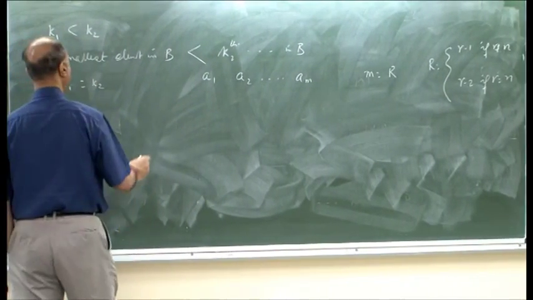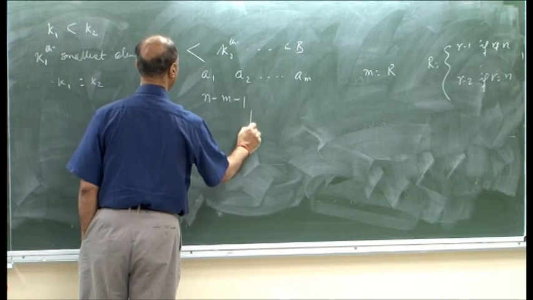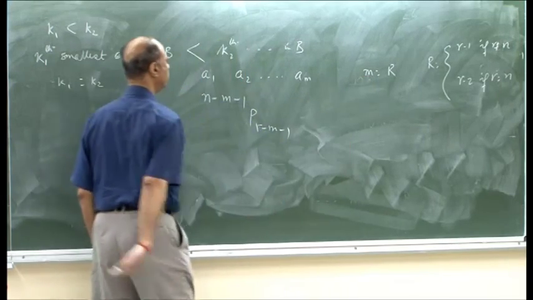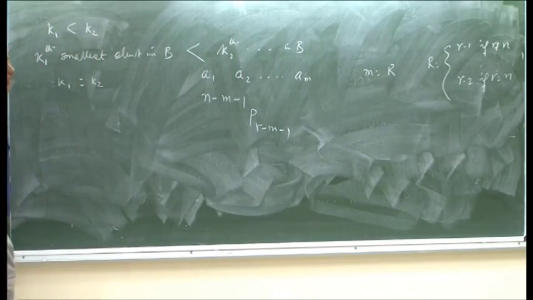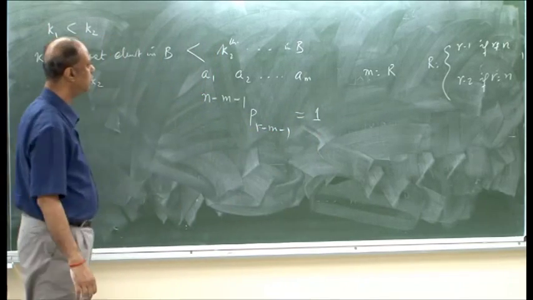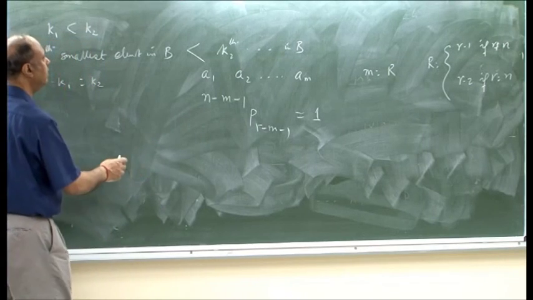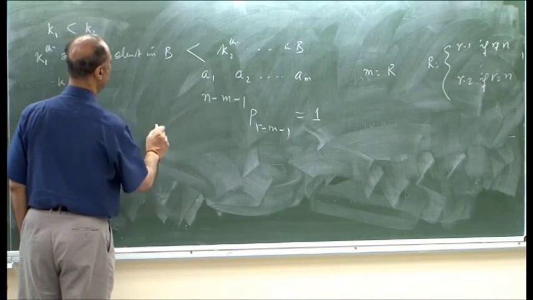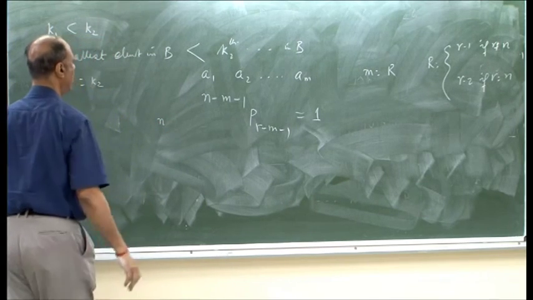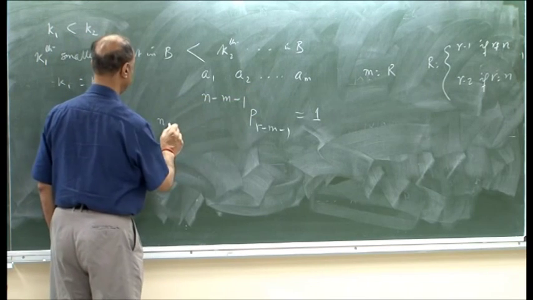Now, I can show N minus M minus 1 P R minus M minus 1 for this M value. For this M value, you can find that this is always 1. Just put, when R equals N, M equals R minus 2.